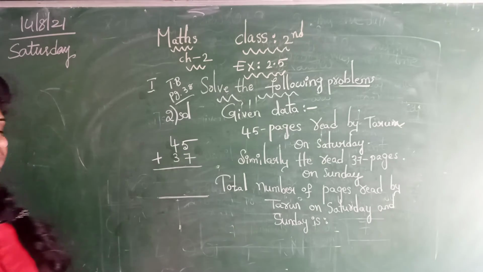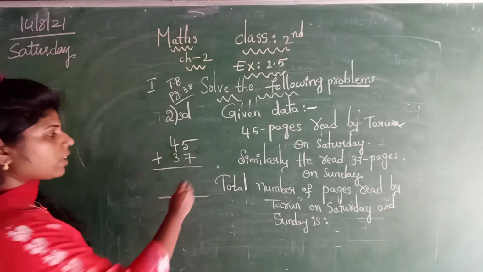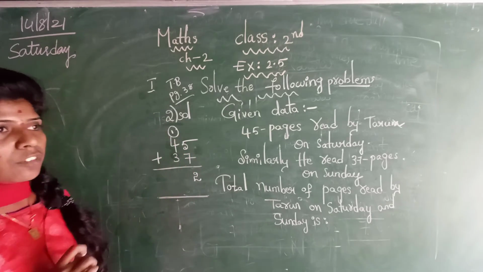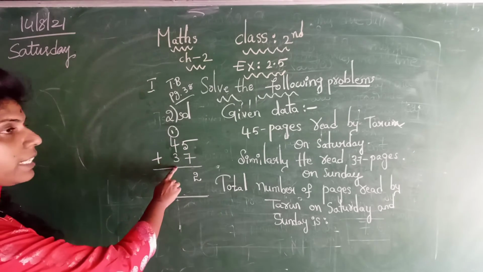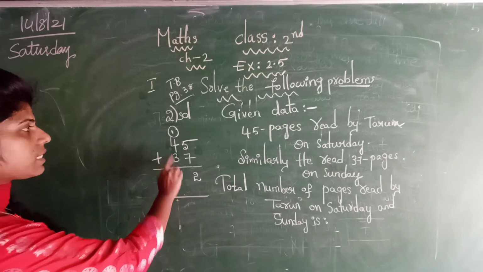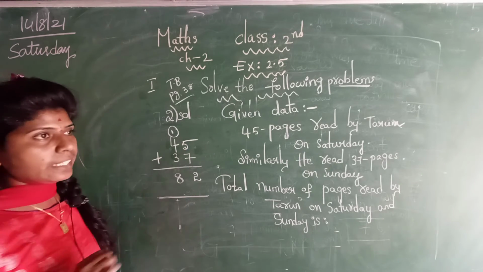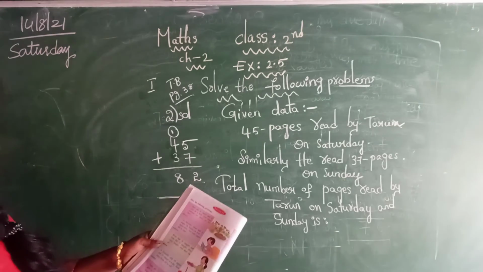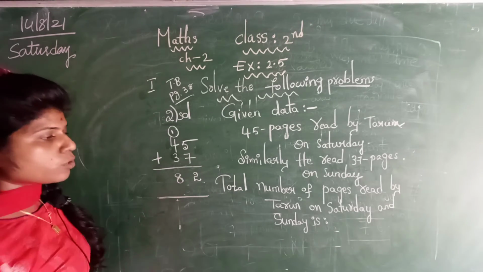What is the answer you will get now? 7 plus 5, how much? 12. So 2 down, 1 carry. 4 plus 3, how much? 7. 7 plus 1, how much? 8. What is the answer now? 82. That means total pages read by Tarun is equal to 82.